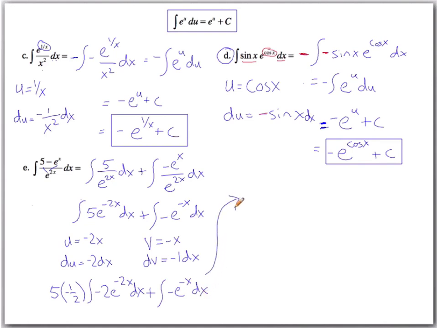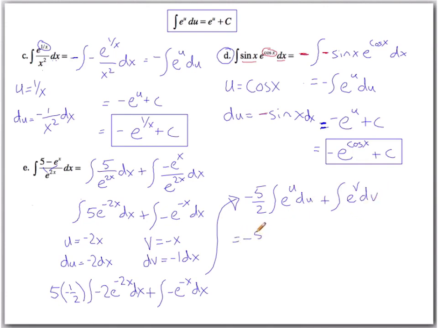Okay, so let's go ahead and do our substitution now. For the first function, we're going to have negative 5/2 times the integral of e to the u du plus the integral of e to the v dv. And let's go ahead and integrate.